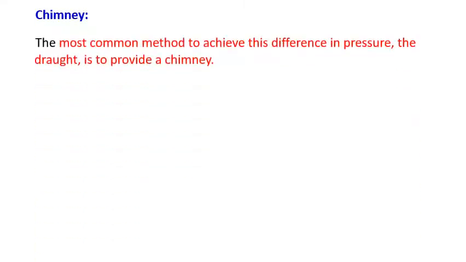How is it achieved? We need a structure to achieve this, and this is achieved by the chimney, the other name for which is stack. The most common method to achieve this difference in pressure of draught or draft is to provide a chimney.